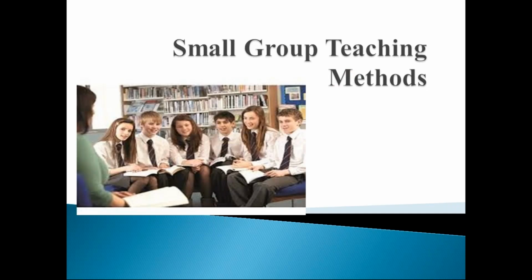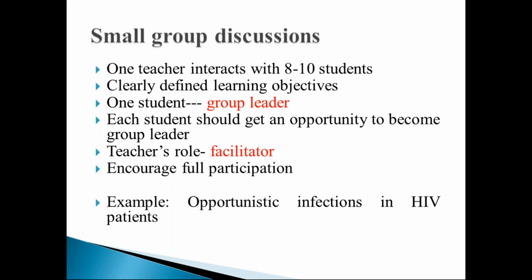Coming to the small group teaching methods, first is the very commonly used small group discussion. What is there in small group discussions? One teacher interacts with 8 to 10 students, and there should be clearly defined learning objectives, and one student will act as a group leader.